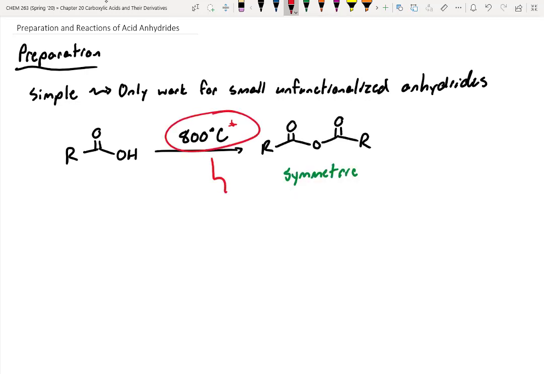So really, you can't do this with starting materials that can fall apart.